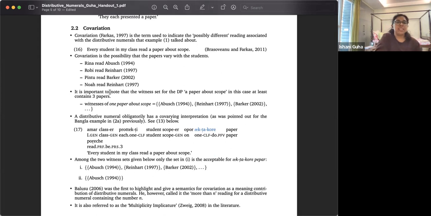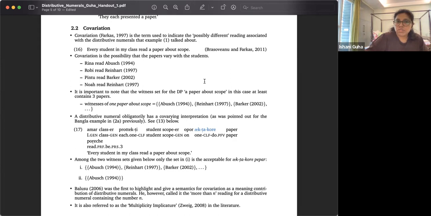This term comes from Farkas's seminal work on these kinds of indefinite numerals in Hungarian. In the last class, I will talk about Farkas's work. In fact, I probably will spend the entirety of the 3rd class on it.